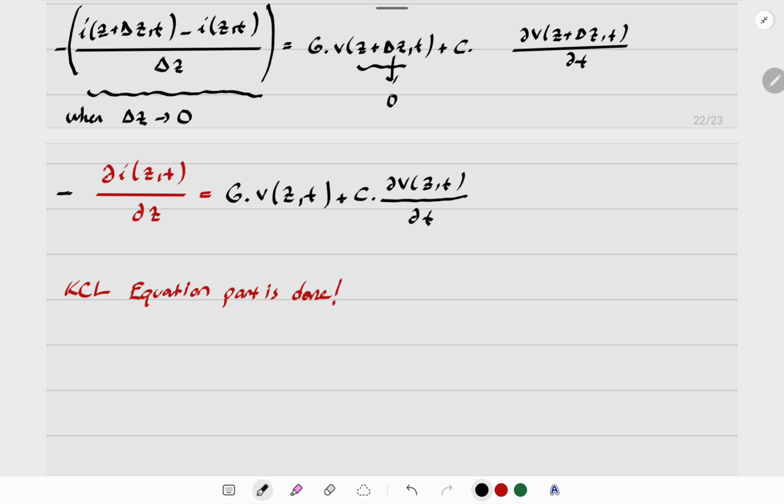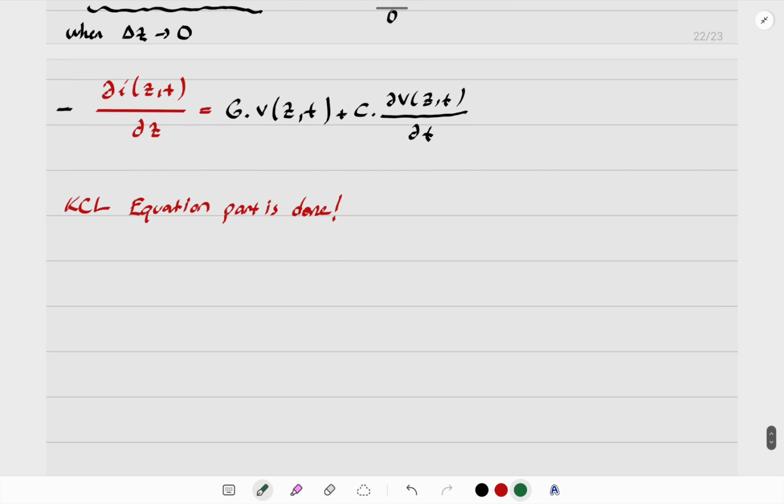All right. We got both the KVL and KCL equations, and actually we are going very great. Let's also go for the further part of the question.